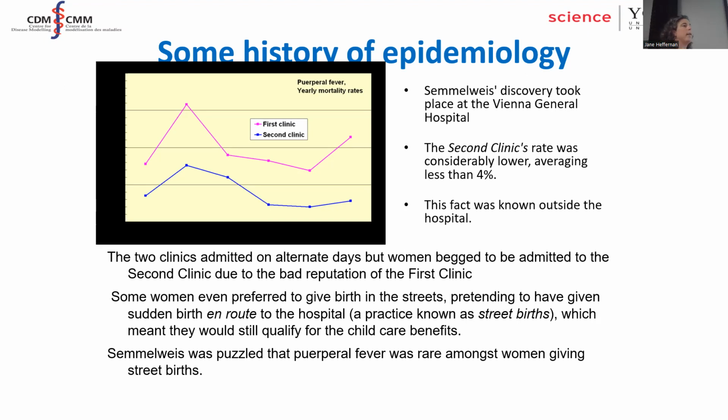But in order for you to qualify for public health care, you had to show that you were on your way to the hospital. And so people were choosing to have their baby on the street. They couldn't have their baby at home because then they wouldn't get public health care. They were choosing to have their baby on the street on the act of going to the hospital, and that being safer than actually getting to the hospital and having their baby in the first clinic.